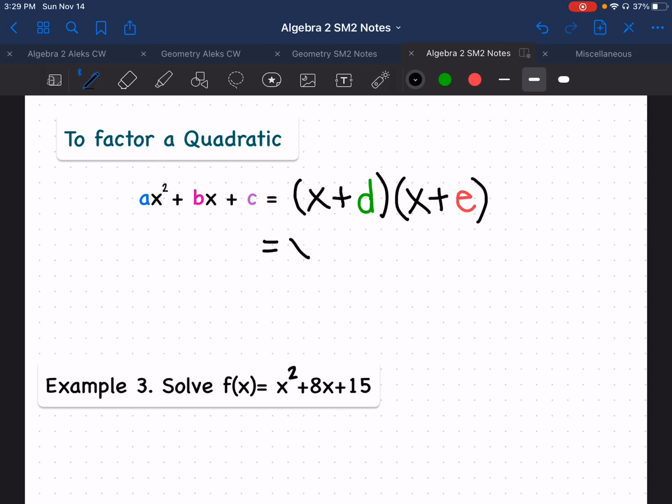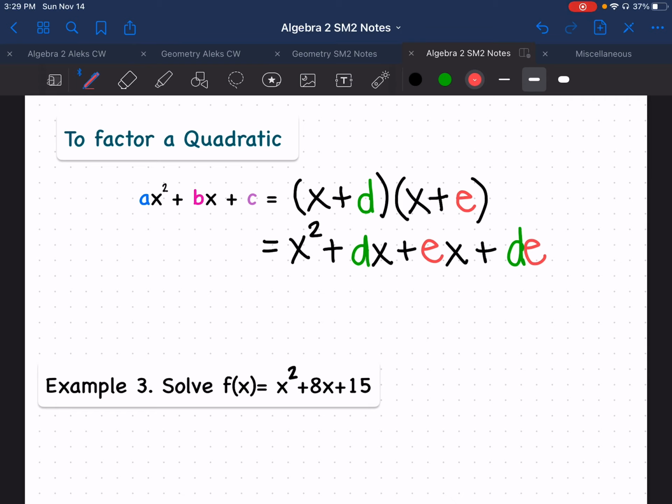So x times x would give me x squared. D times x would give me dx. E times x would give me ex. And of course, d times e would give me whatever d times e is. Since I don't know what it is, I'm just going to call it de.